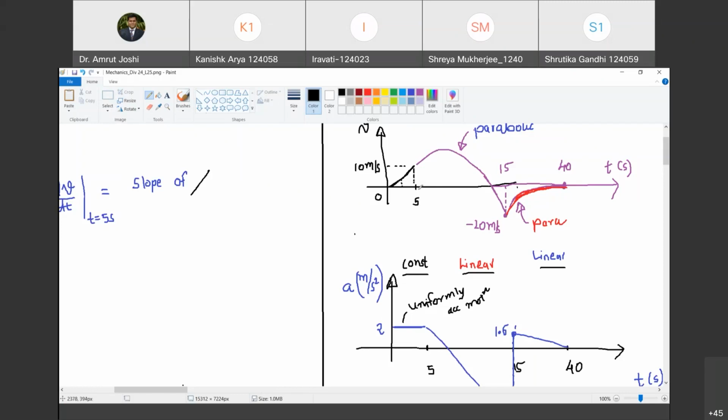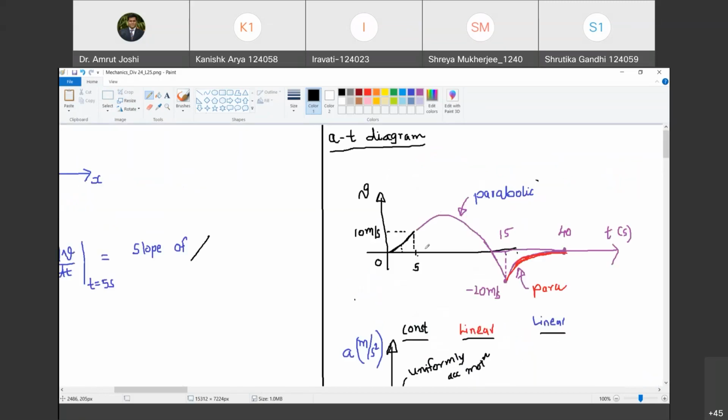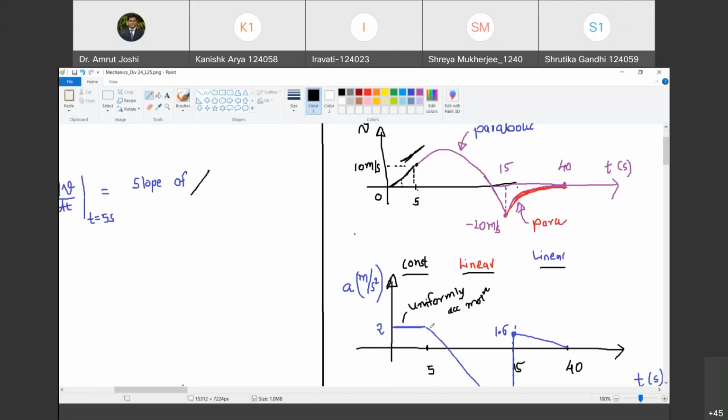Now, if I were to draw the acceleration time diagram from 5 to 15 seconds, I have made an observation. What is the observation that I have made? That it is going to be linear. Are you with me? Yes, sir. Now, draw a tangent to this curve, the parabola, at 5 seconds, and it is going to have a positive slope. Do you agree with me? Yes, sir. And that positive slope is 2. So it will start from 2. Happy?